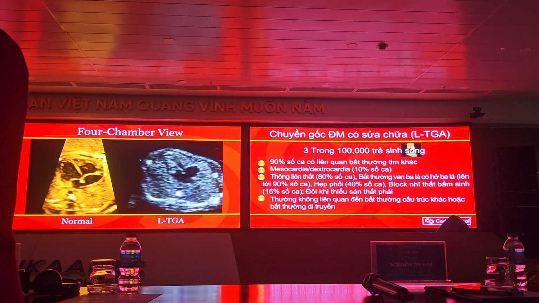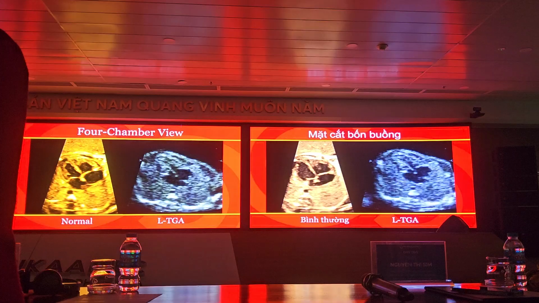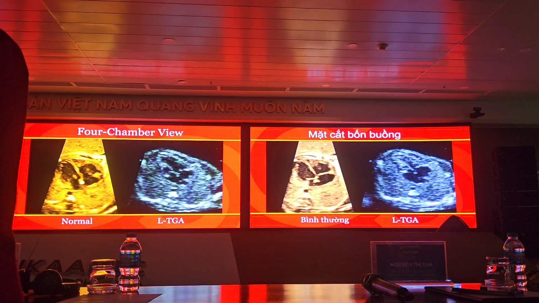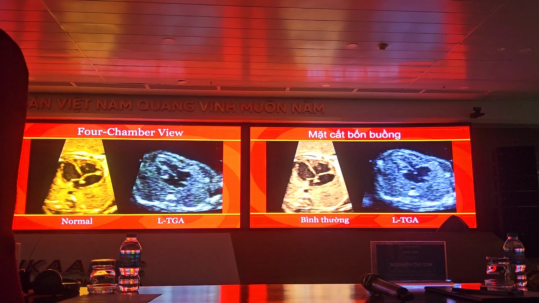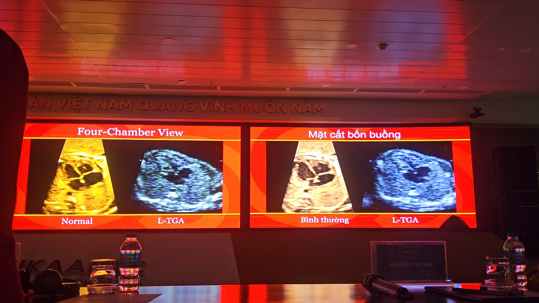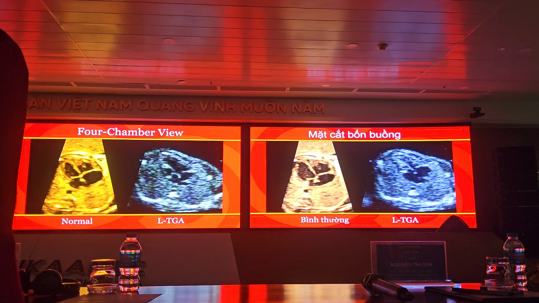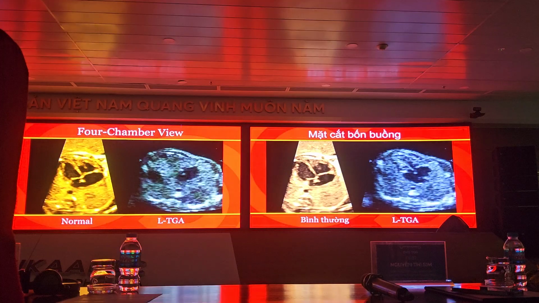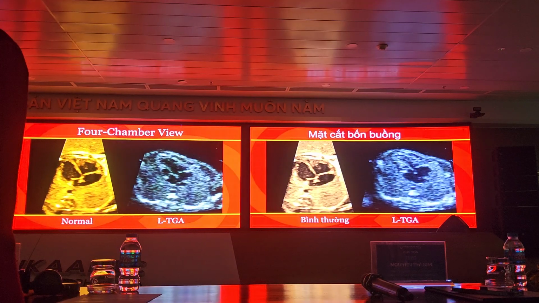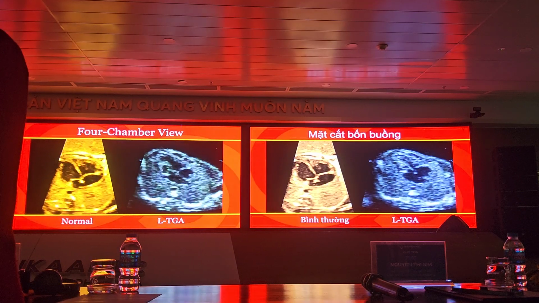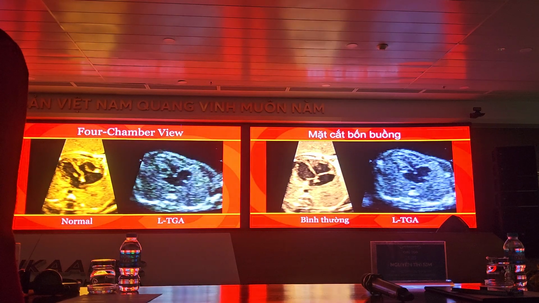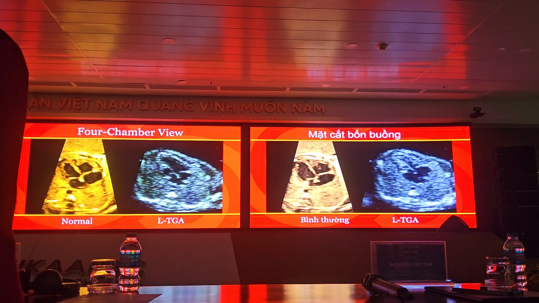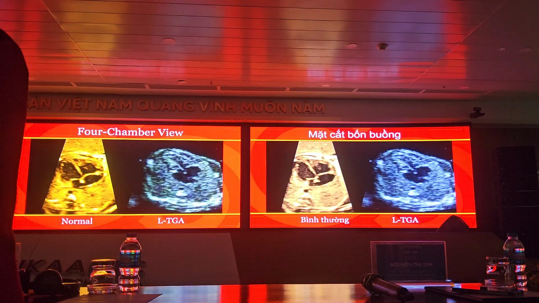So here's a four-chamber view on the left that's normal. Here's a four-chamber view on the right that's abnormal, because it's not the L transposition per se that you're seeing, it's what's associated with it, which is ventricular inversion and atrioventricular alignment discordance. So the right atrium is aligned with the left ventricle. The ventricles are L looped so that the left ventricle is in front, anterior.